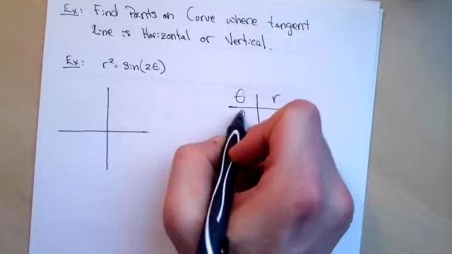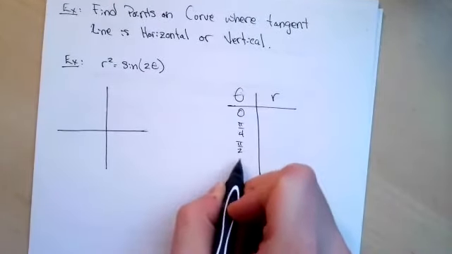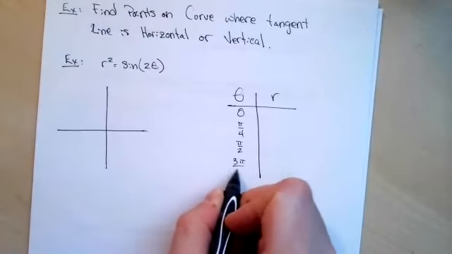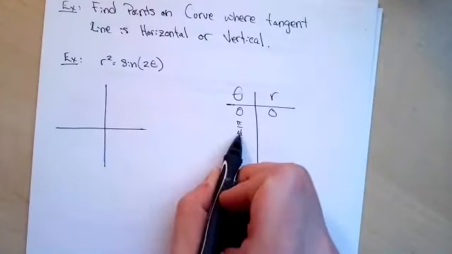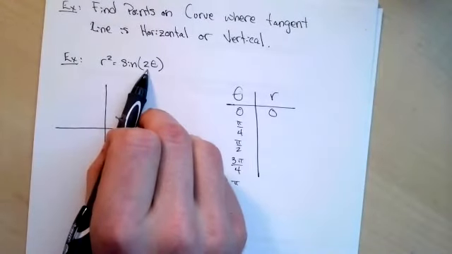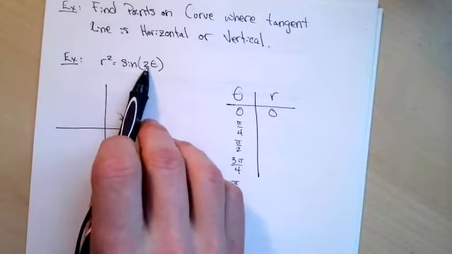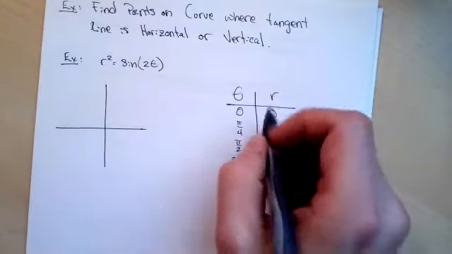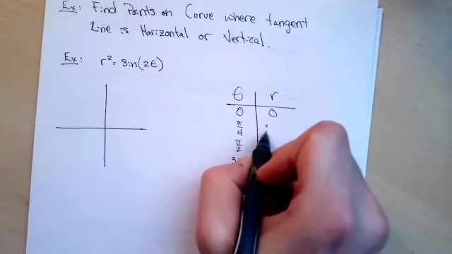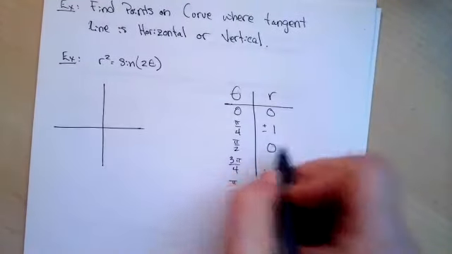Let's go ahead and pick 0, pi over 4, pi over 2, 3 pi over 4, and pi. At 0, we get 0. At pi over 4, because we're doubling the period, we have pi over 4 times 2, which is pi over 2. Sine of pi over 2 gives me 1. But the equation r squared equals 1 gives us two points, namely plus or minus 1. At pi over 2, we'll be back at 0.